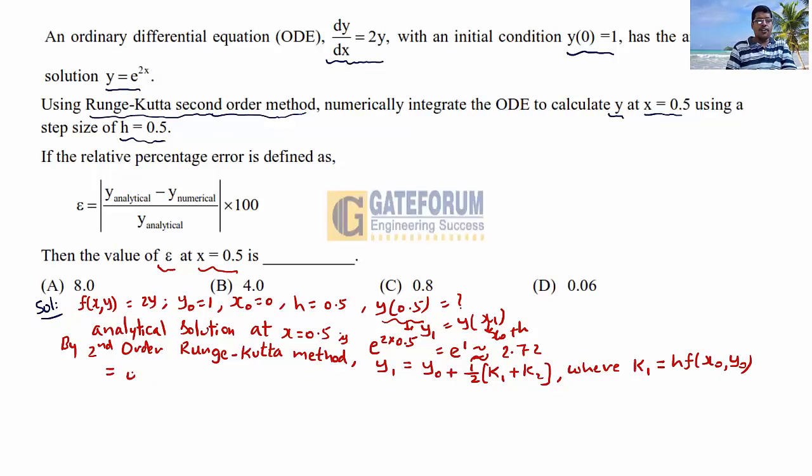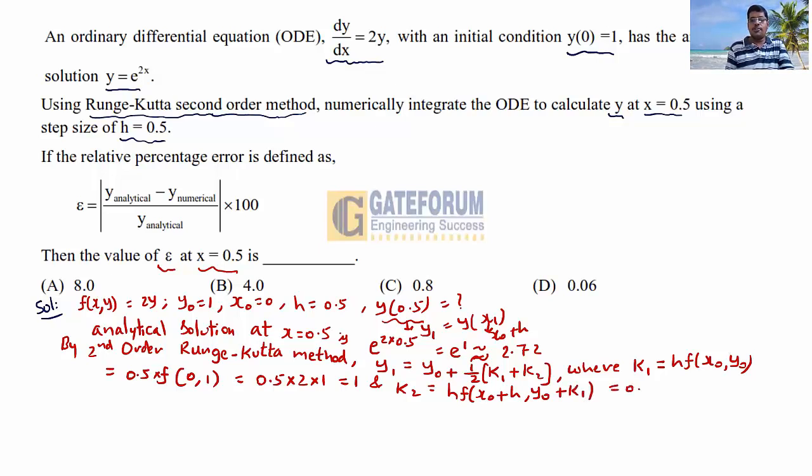h is 0.5, into the function value at x0 means 0, y0 value 1. So the function of x comma y is 2y, so 2 into 1; finally this becomes 1. And k2 is h times f of (x0 plus h, y0 plus k1).